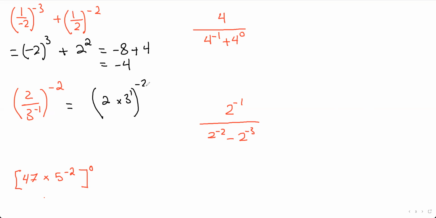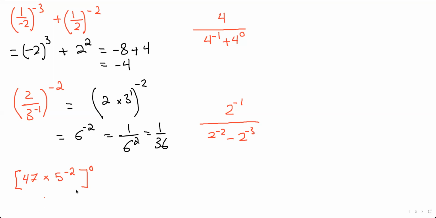And then we still have the negative 2 here, which gives me 2 times 3 to the 1, just 3. So 2 times 3 is 6, 6 to the negative 2. Now, this negative 2 is going to force us to change this to 1 over 6, so we could make the exponent positive. And that way we got 1 over 36.